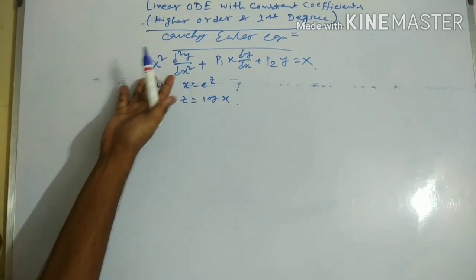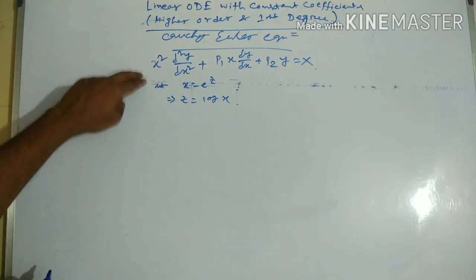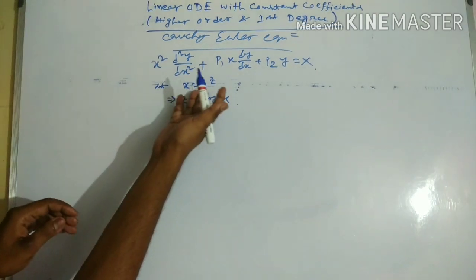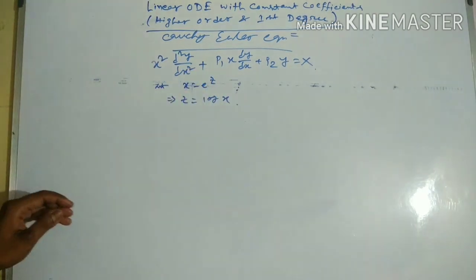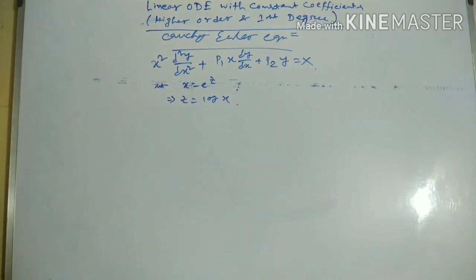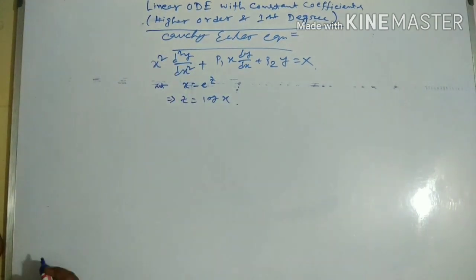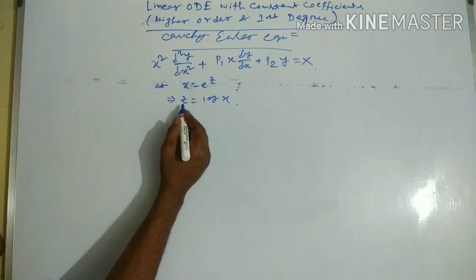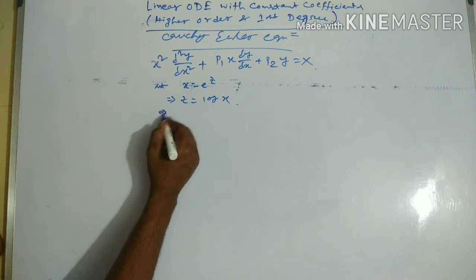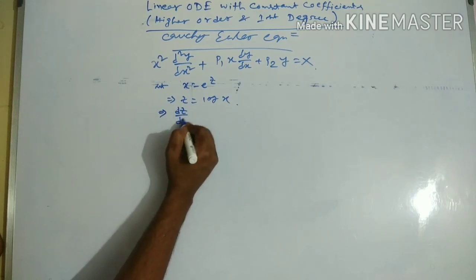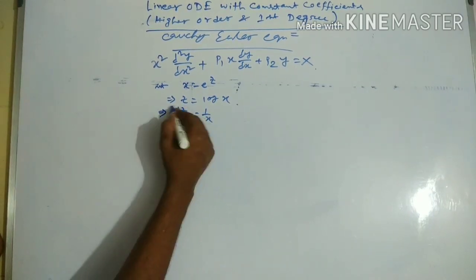If there is any other linear function of x, like x plus a or x minus a, then e to the power z will be put in place of x plus a or x minus a. Whatever the function is here, that will be replaced by e to the power z. So z equal to log x, and differentiating both sides with respect to x, we get dz dx equal to 1 by x.